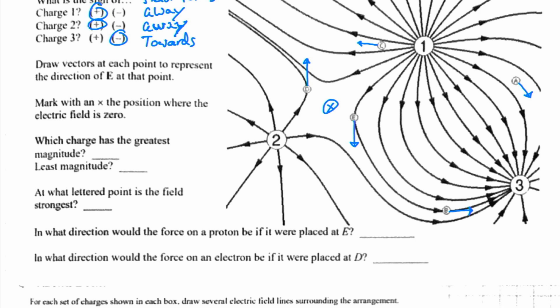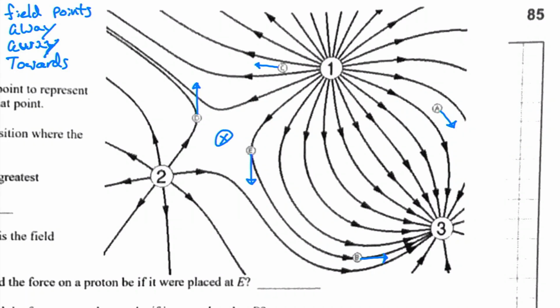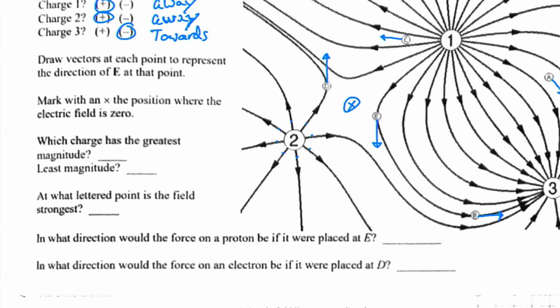Which charge has the greatest magnitude? Well, we should count up the number of field lines originating from each charge. Here we have 1, 2, 3, 4, 5, 6, 7, 8 field lines. That's going to be the lowest charge. And here, I'm going to have 16 lines.